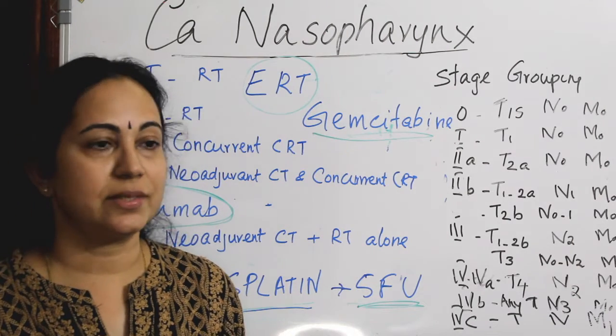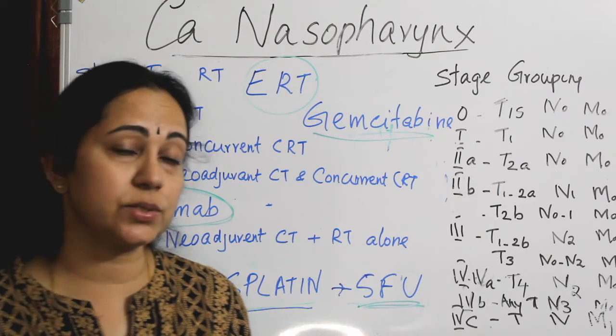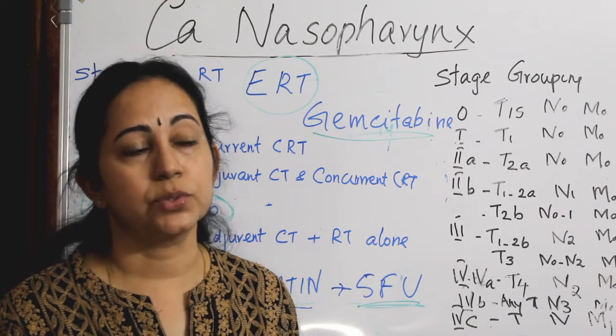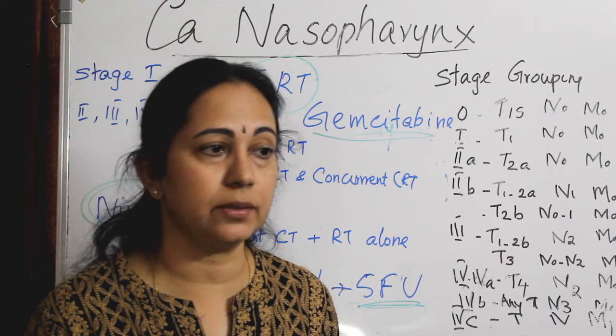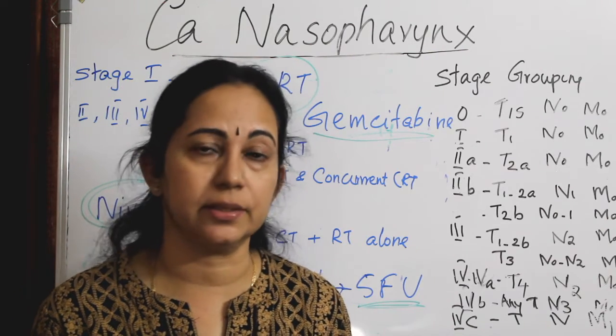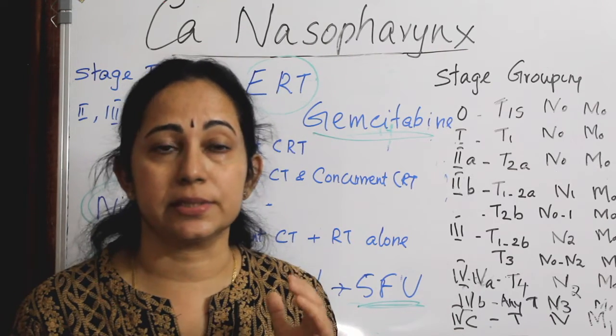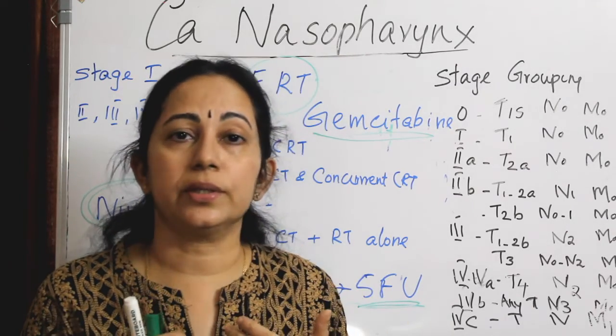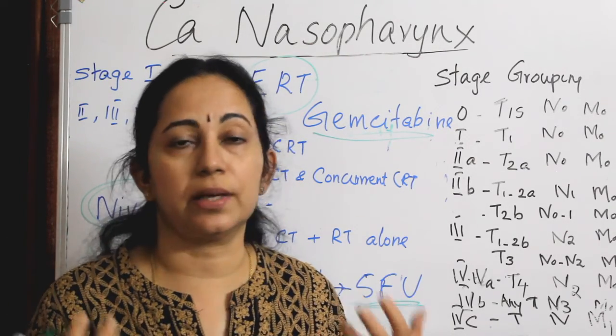And what is the role of surgery in CA nasopharynx? So surgery is only for local and regional recurrence as a salvage therapy. Local recurrence means even after your radiation or chemoradiation, the primary tumor is recurring, or after controlling the primary tumor, the neck nodes are recurring.